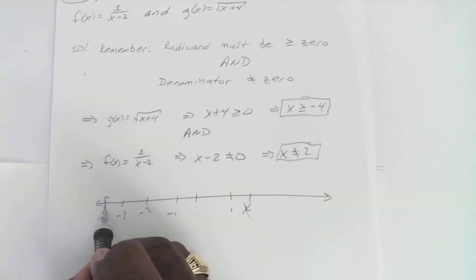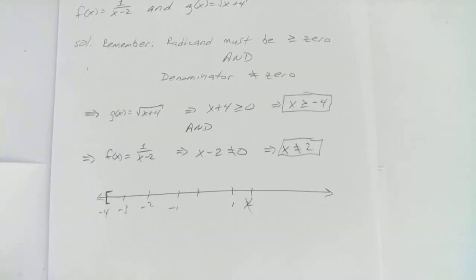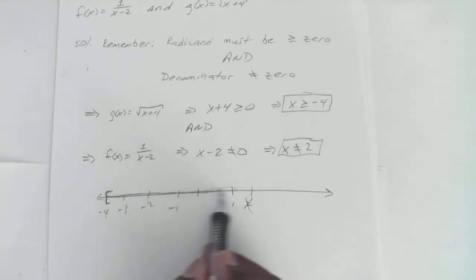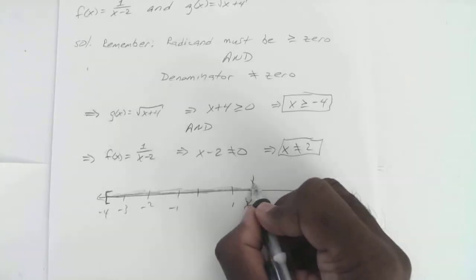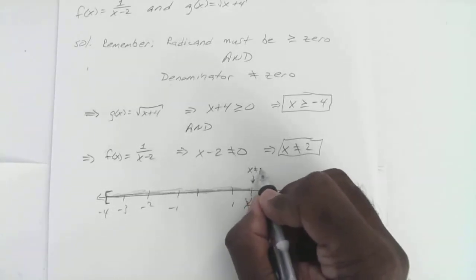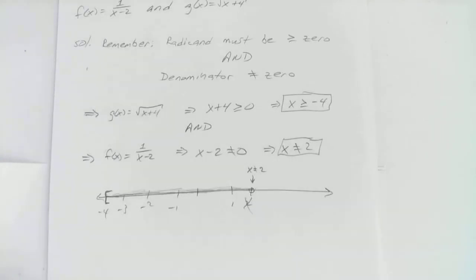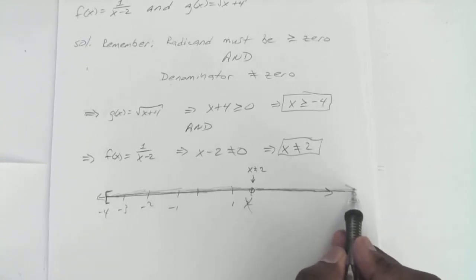So if we start at negative 4, it can be equal to negative 4, so we go ahead and use our bracket. Which means it has to go all the way to the right, but it has to stop here, because remember, x can't equal 2. So we can fill that as an open circle and pick up on the other side.